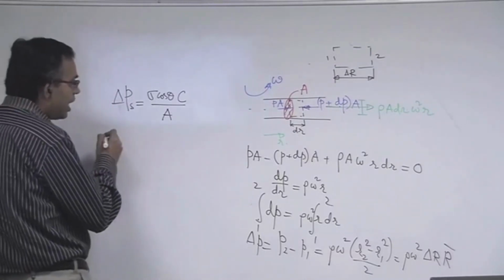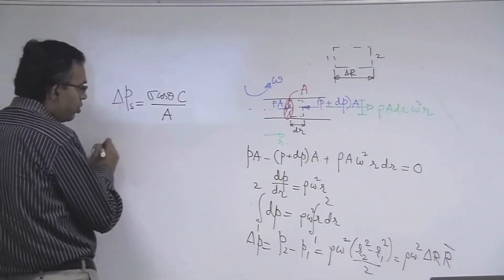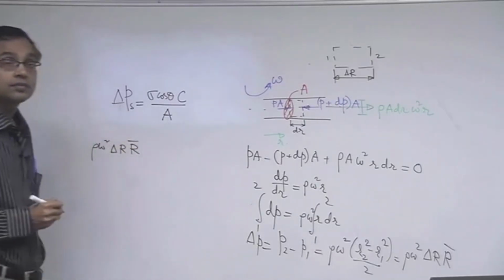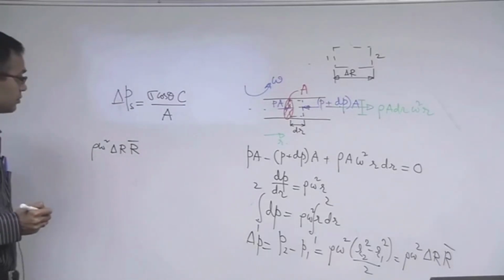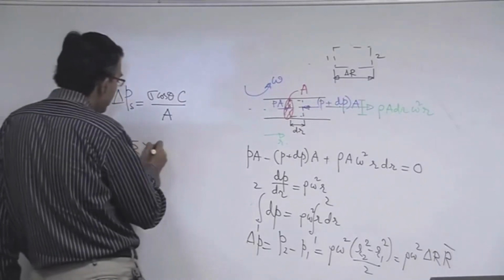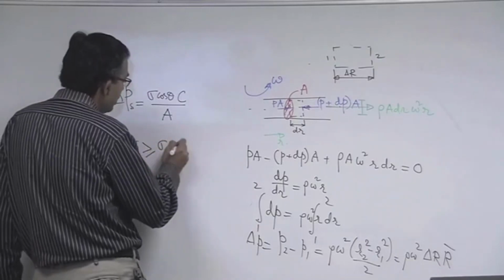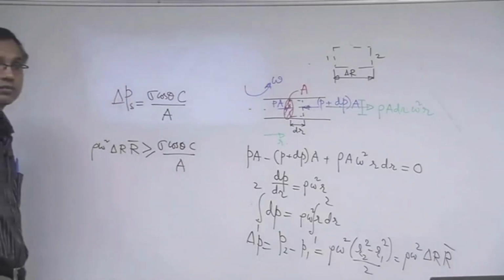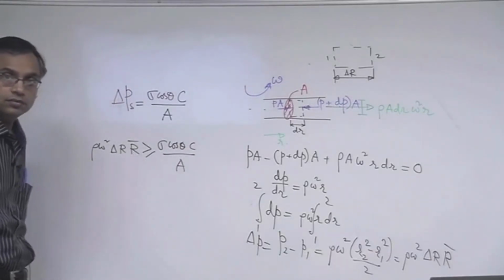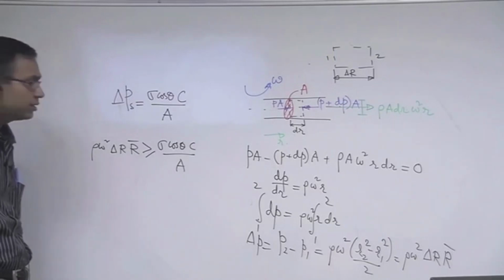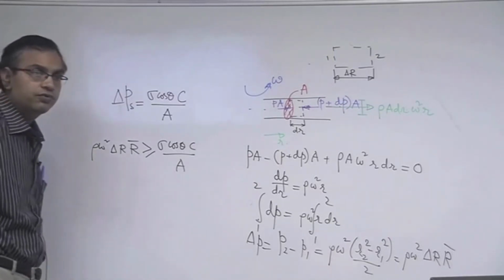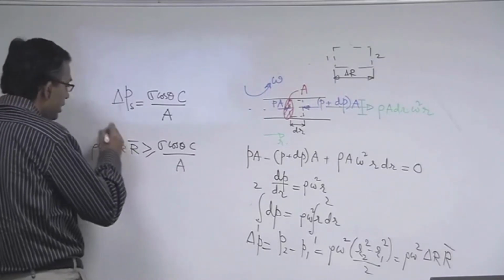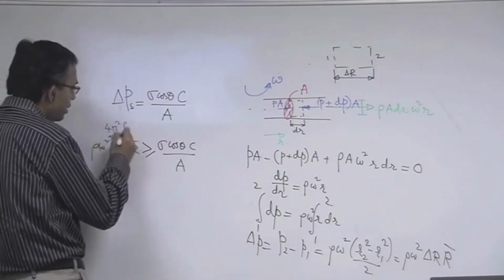So the fluid will start flowing when rho omega square delta r into r bar is greater than or equal to sigma cos theta into C by A. Omega is 2 pi f, so omega square is 4 pi square f square.